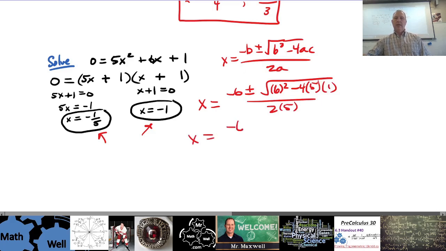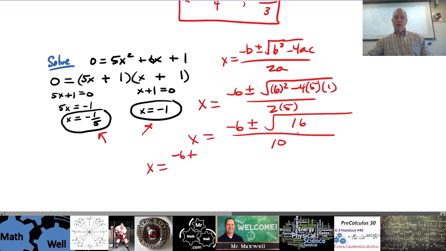So this is going to be negative 6 plus or minus the square root of 36 minus 20. So what's 36 minus 20? That's going to be 16. Perfect square, baby. That's looking really good. So notice, negative 6 plus, what's root 16? 4. Beauty, over 10.